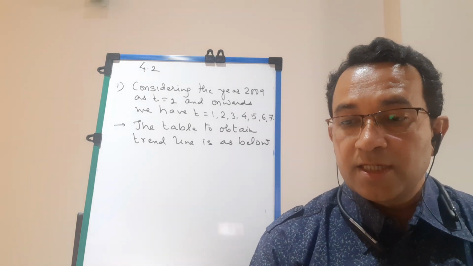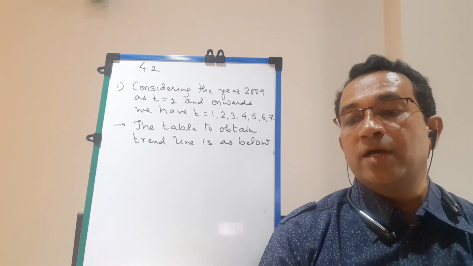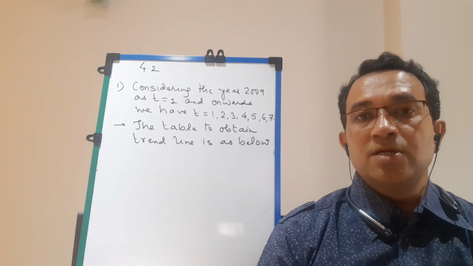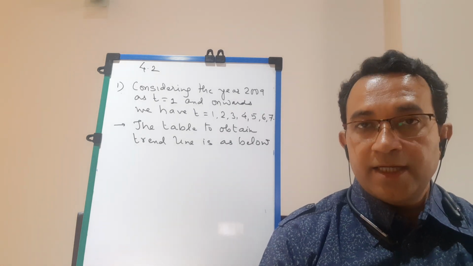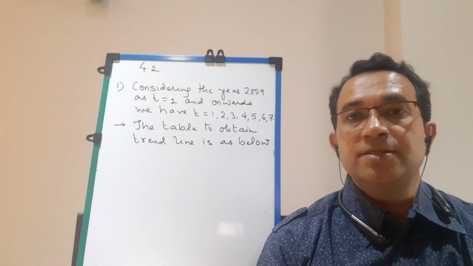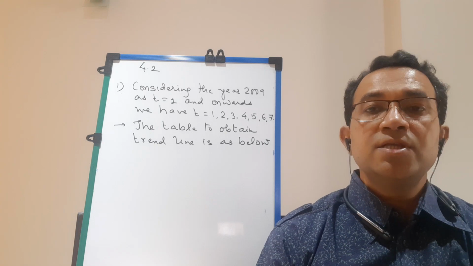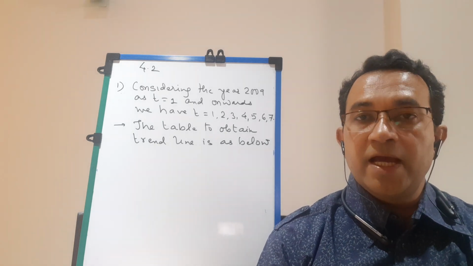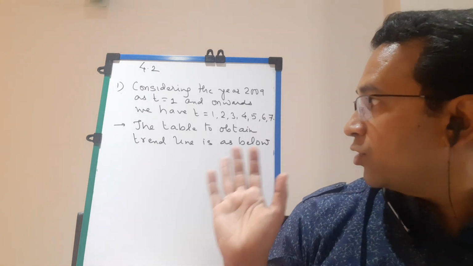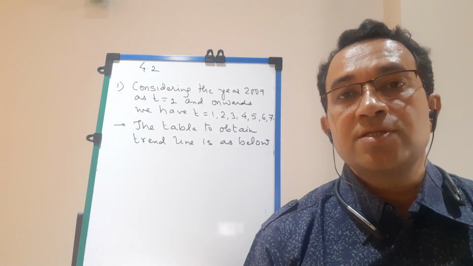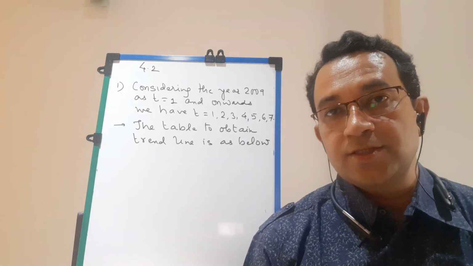Now try to understand how many columns, students, here we have to make. Generally we have only 4 columns in the sum: t, yt, then t into yt, and then t square. So in the sums of trend line we will have only 4 columns. Now I am erasing these 2 steps, students, I need more space to write.